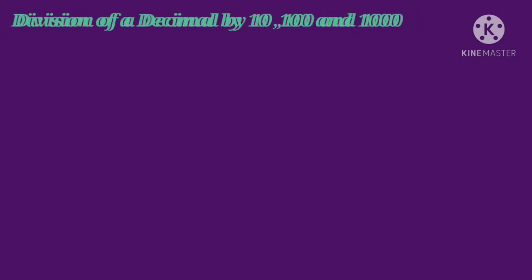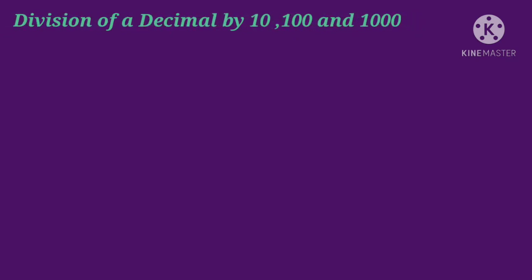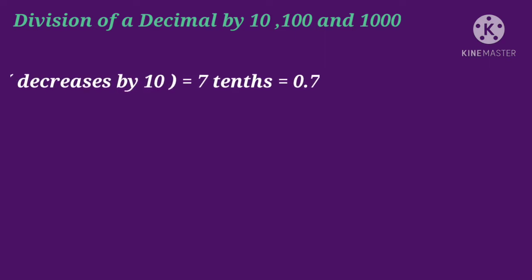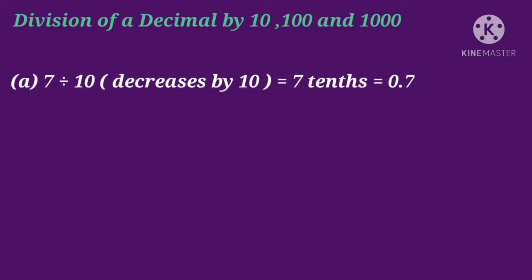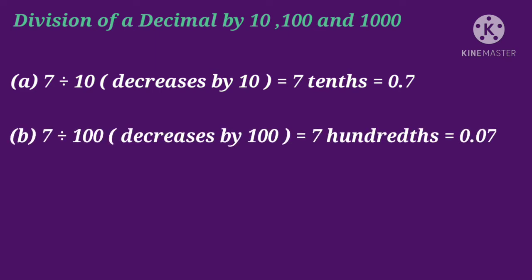Division by 10, 100 and 1000. Let us see what happens when the ones digit is divided by 10, 100 or 1000. 7 divided by 10, value decreases by 10, which is equal to 7 tenths, written as 0.7. 7 divided by 100.